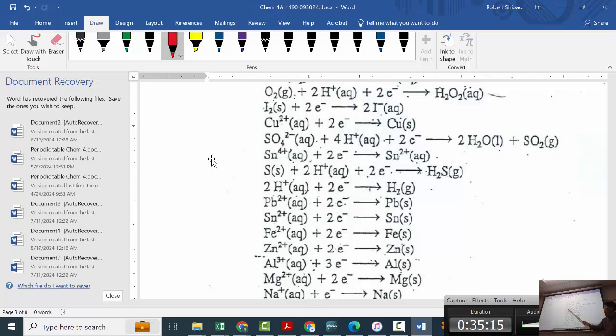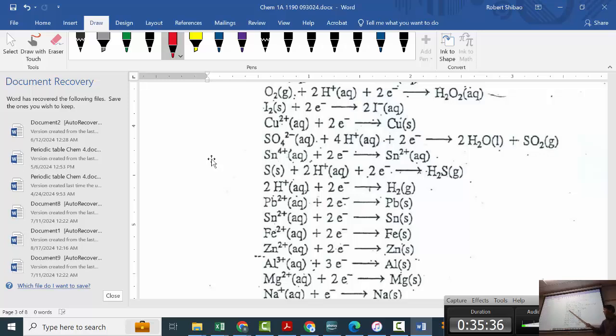Tin 4. It's unusual to see a monatomic ion, no oxygen there. It's not a polyatomic ion with a +4 charge. It goes to tin 2. Sulfur is not nearly as powerful as oxygen, and sulfur doesn't form diatomic molecules either.